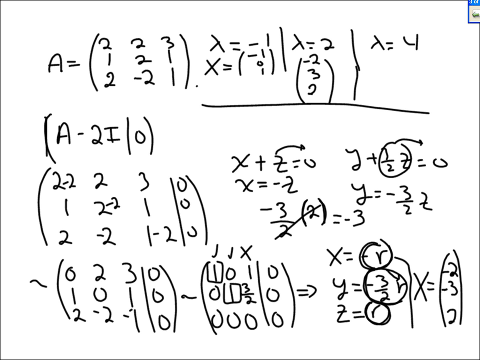I didn't like fractions, so I let r equal 2. Now we do this all over again for lambda equals 4. Lot of work, absolutely.